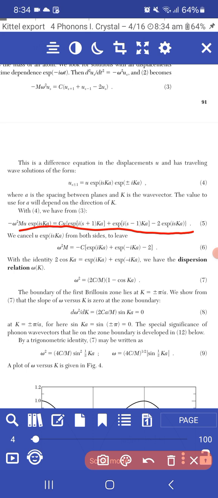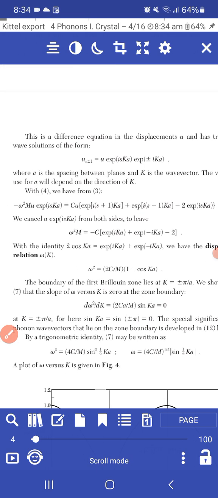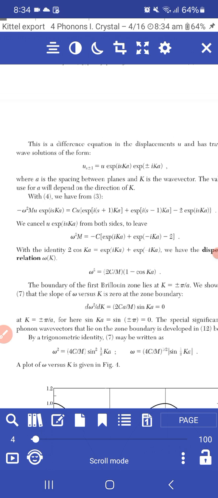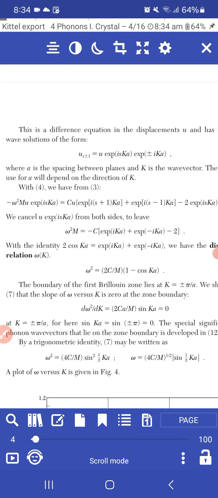यहाँ पे u क्या होगा, u होगा u एक्सपोनेंशियल i k a. ठीक है, तो बाकी सबको सब्सटीट्यूट किया है. ठीक है, cancel, u इसका एक्सपोनेंशियल ऑफ इसका from both, so we have what, we get this again.